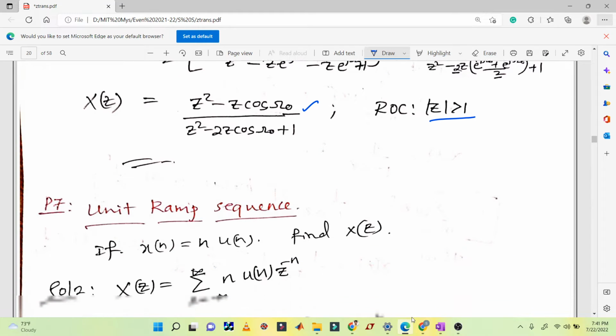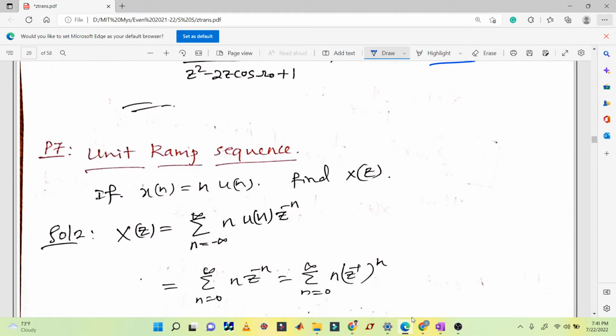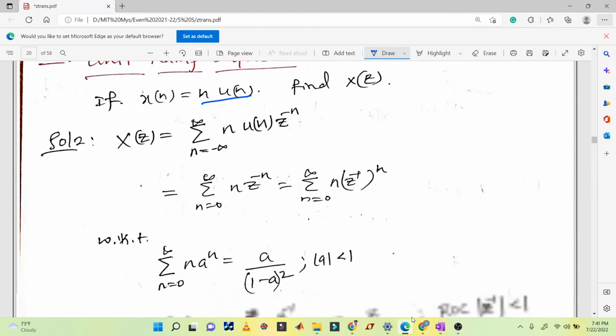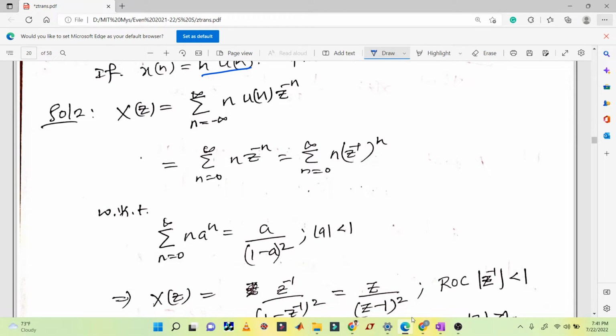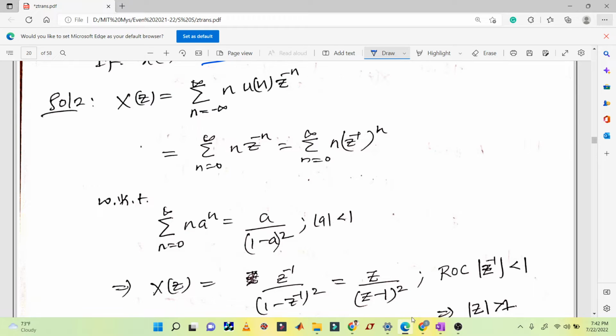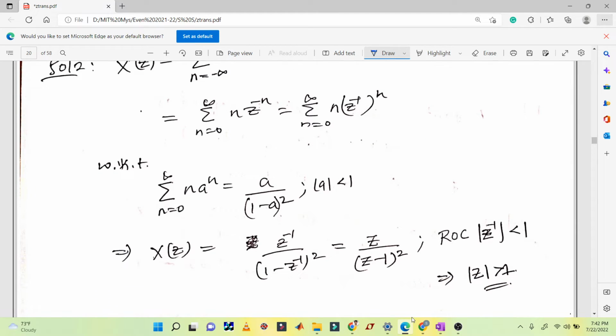So go through this. And the unit ramp function we have already studied. This unit ramp function, multiplication by n, we have already studied, and the answer for this is z divided by z minus 1 whole square. Okay, ROC is z greater than 1 because of this term here.